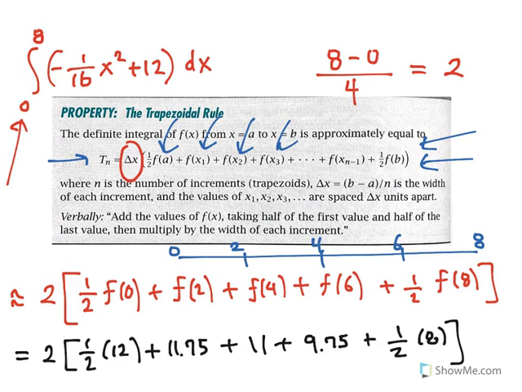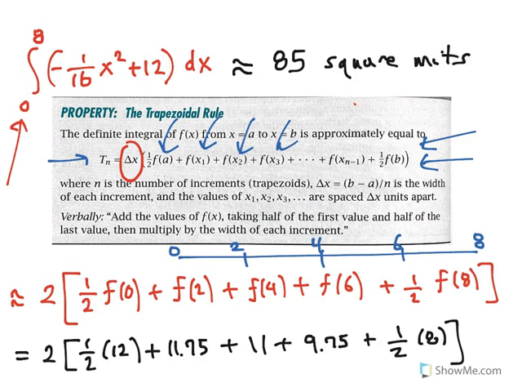So now you just do the arithmetic, and you would have our approximation for the value of this definite integral. And that would be approximately 85 square units.